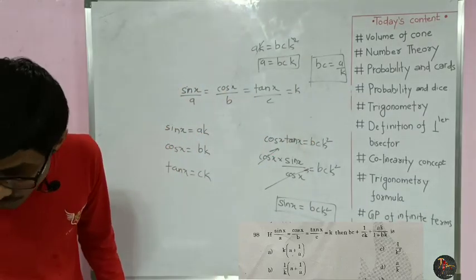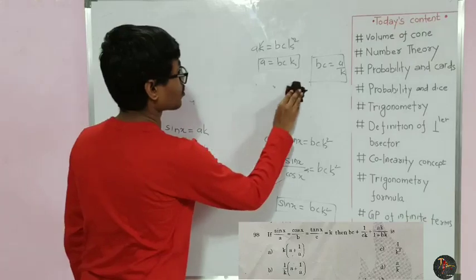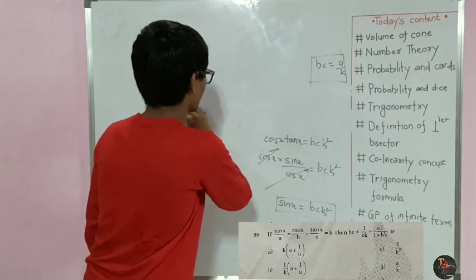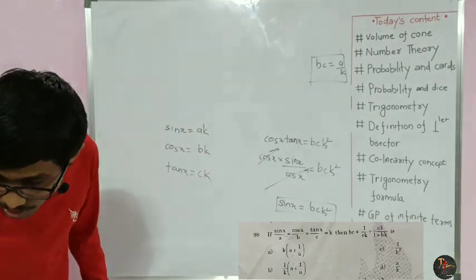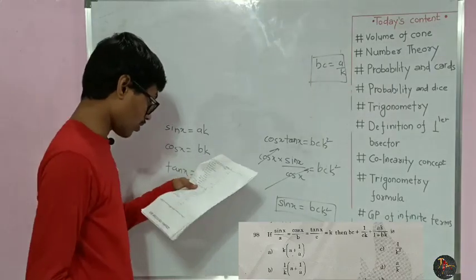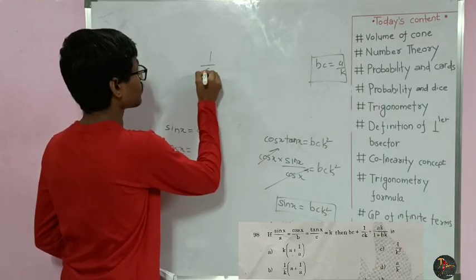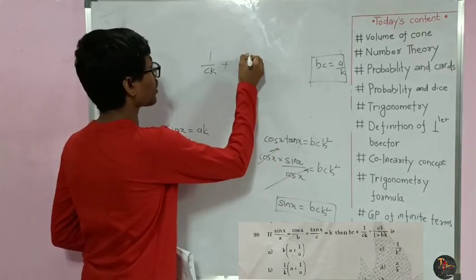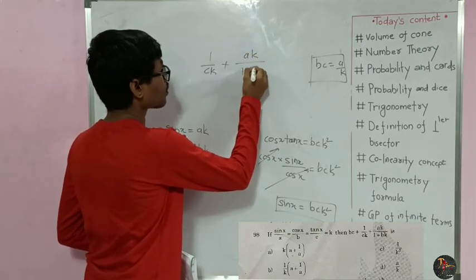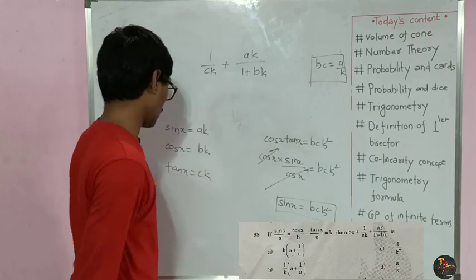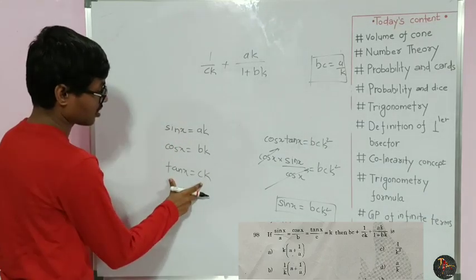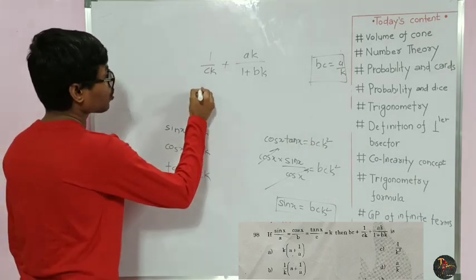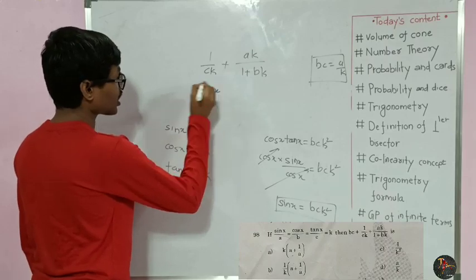Now they have found the value of 1 by ck plus ak divided by 1 plus bk. Now 1 by ck, tan x is ck, so 1 by ck will be cot x.